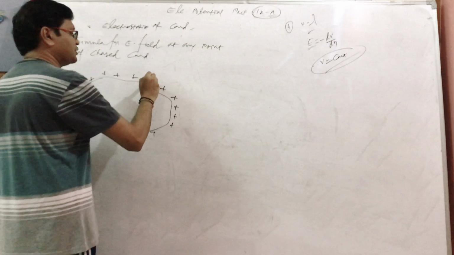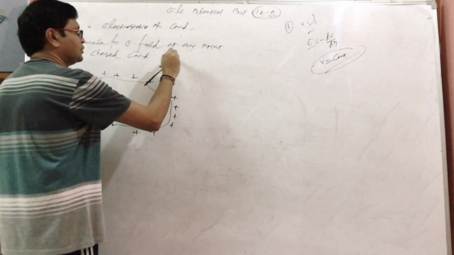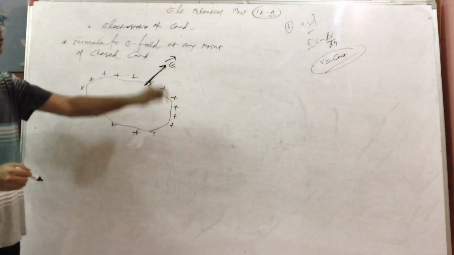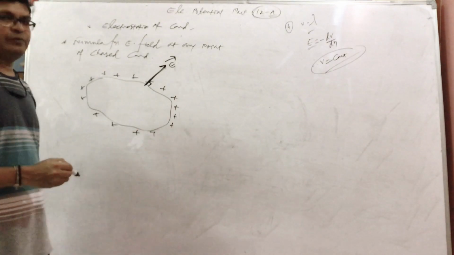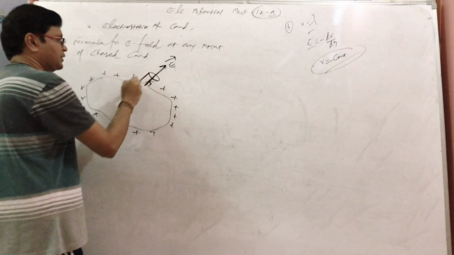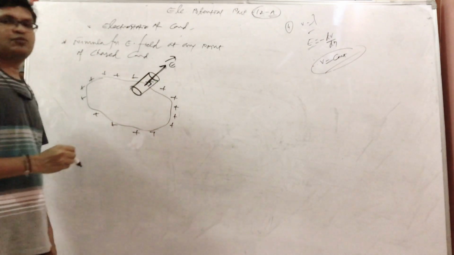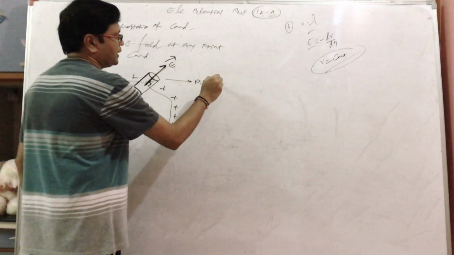And you know that because of this charge, whatever the electric field is produced, it is perpendicular to the given surface. Ready? Now I would like to find the formula of this electric field. Obviously, to find the formula for electric field, we will consider a very small, tiny cylinder, and this small size cylinder is also called a pillbox.